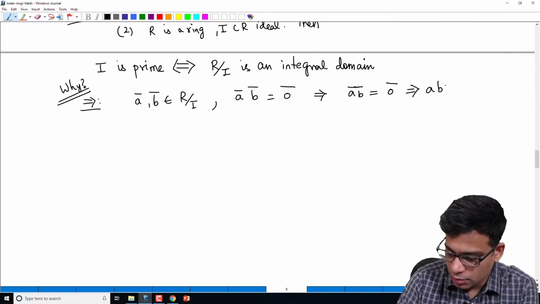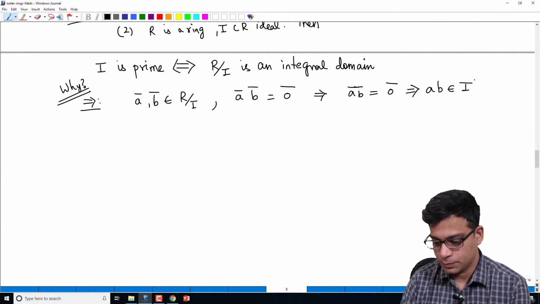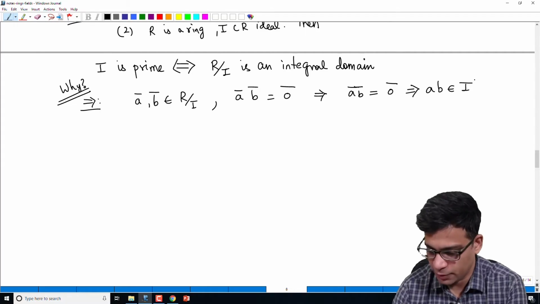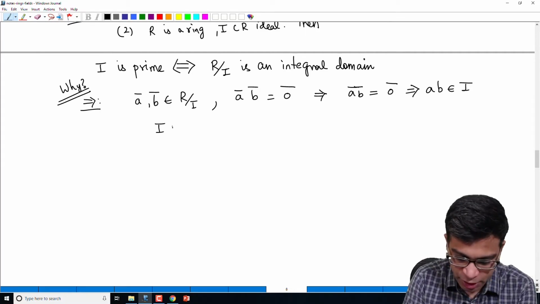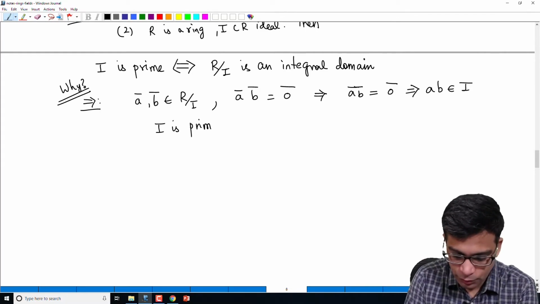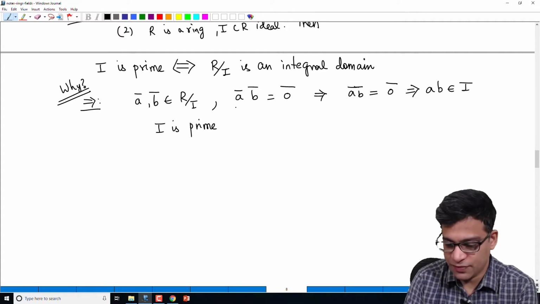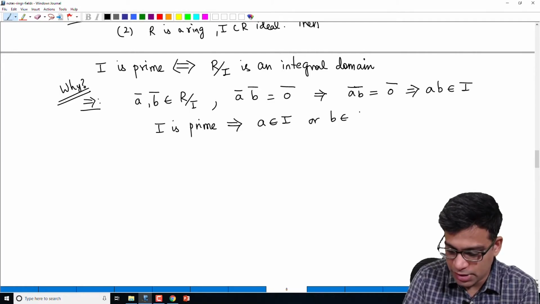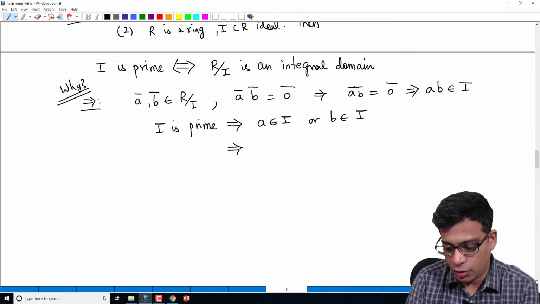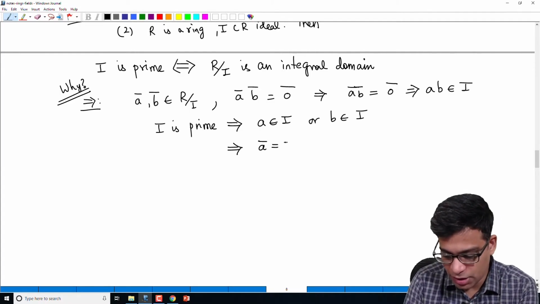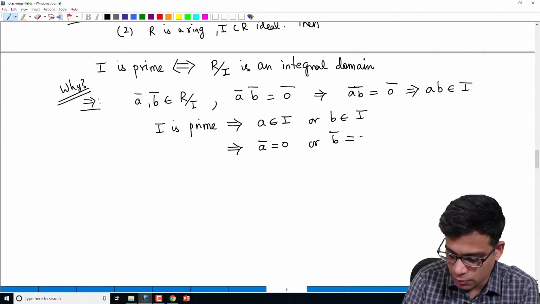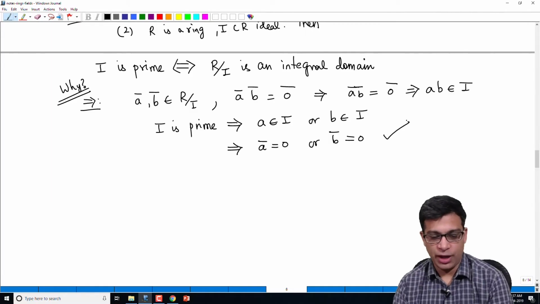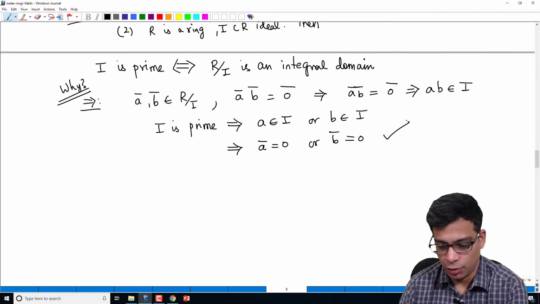By the definition of a quotient ring, if an element is 0 modulo I, that means that element is in I. But since I is prime, AB in I implies A is in I or B is in I. And if A is in I or B is in I, that means A bar is 0 or B bar is 0, which is exactly the statement for an integral domain. So if I is prime, R mod I is an integral domain.